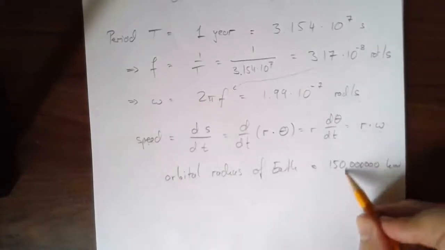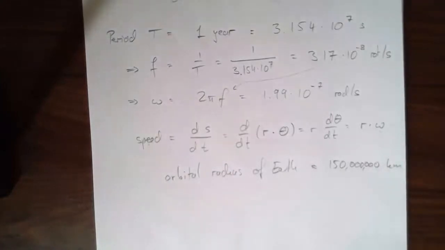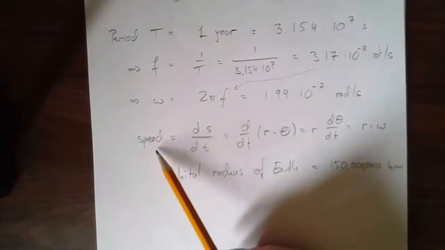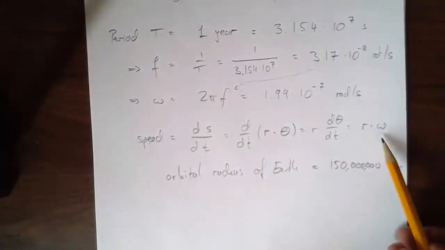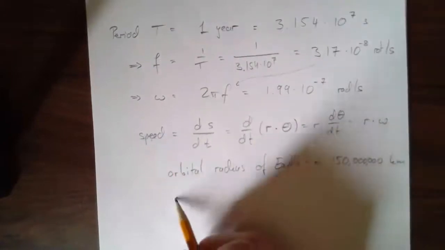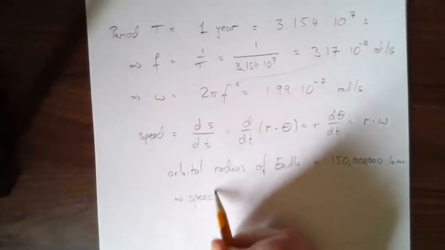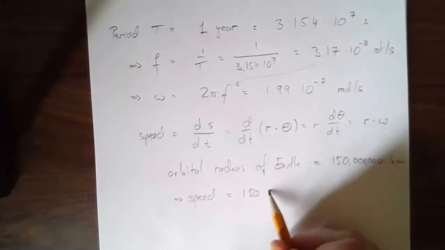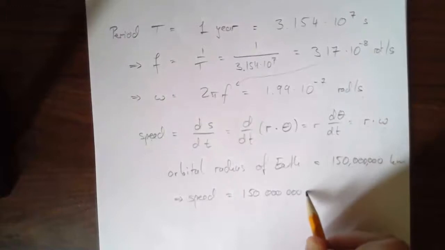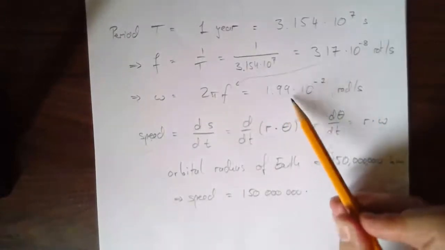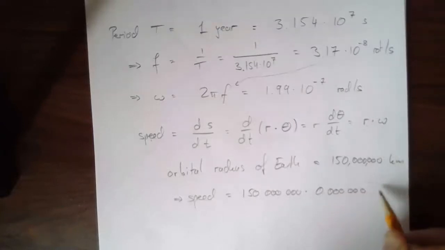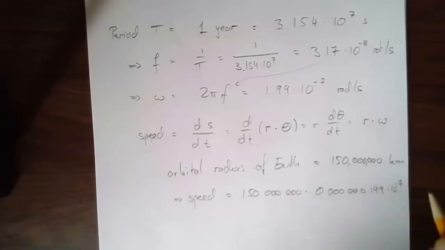I'll leave this in kilometers and I'm going to get my speed in kilometers per second. So the speed is equal to 150 million times this quantity here, 1.99 times 10 to the minus 7.